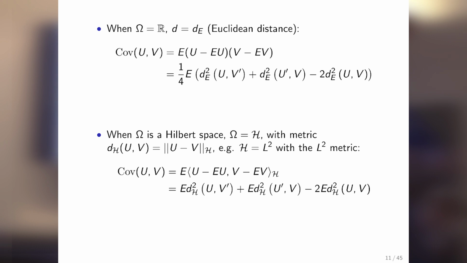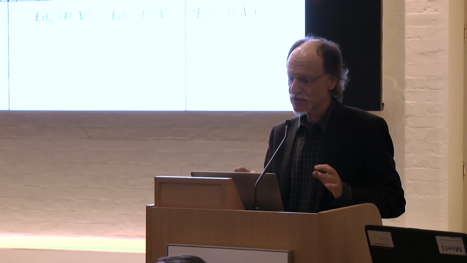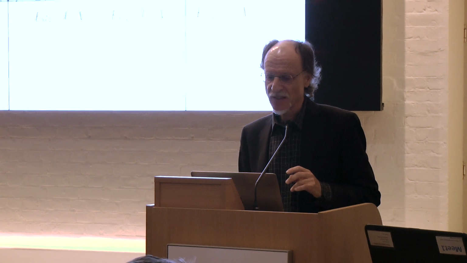Now, we can actually very easily see that it can be rewritten in terms of square distances between variables U and V prime. Remember, U prime, V prime are independent, identically distributed copies of U, V. And here U prime, V, and then U, V. So just square it out. These are squares. The Euclidean case is just U minus V prime squared. So it's totally trivial to see this. So the covariance can be expressed here without taking the mean.